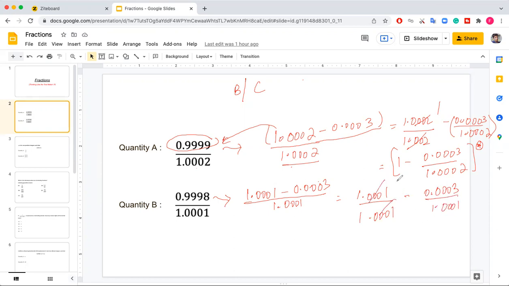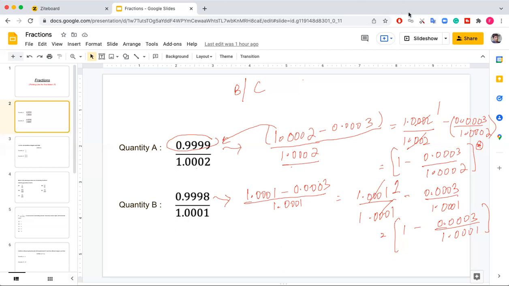This will become 1, and this will be 1 minus 0.0003 over 1.0001. So everything is okay till now? Yes or no? Yes.